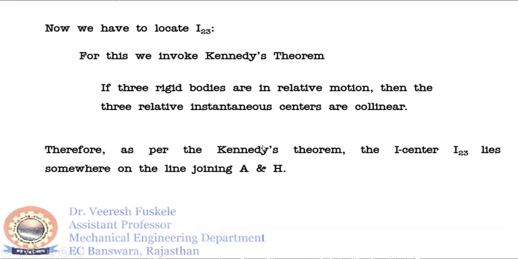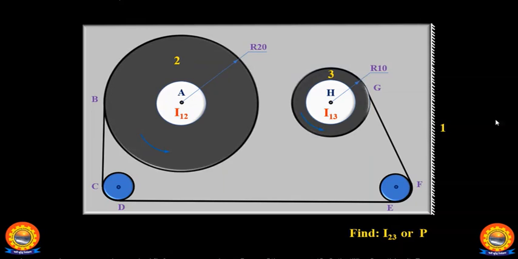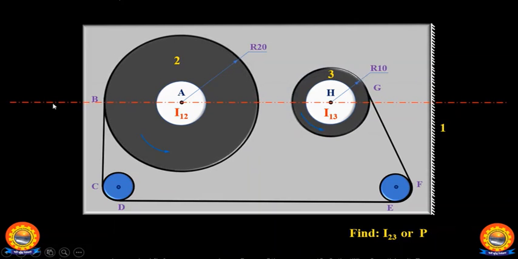This is for sure. So it should be located somewhere on the line joining A and H, so that all three are collinear. So I23 should be somewhere on this line, right?